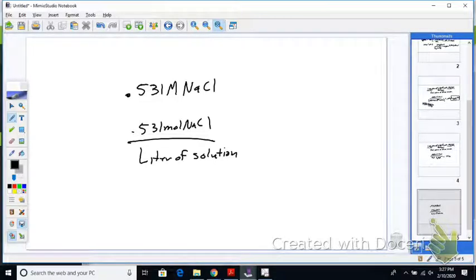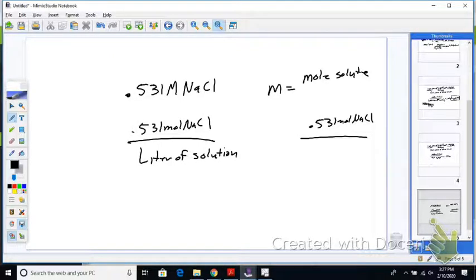If I had to find the molality from that, I already know the moles of solute, 0.531 moles of NaCl. I've got a liter of solution, but that's not the liter of the solvent. So how do I find the solvent amount?